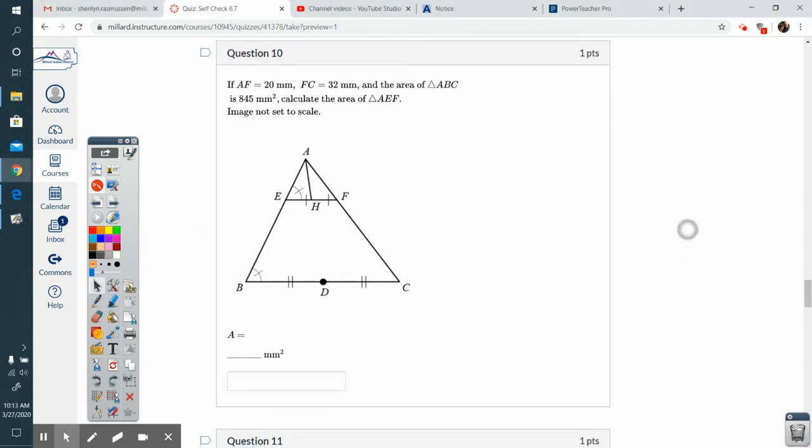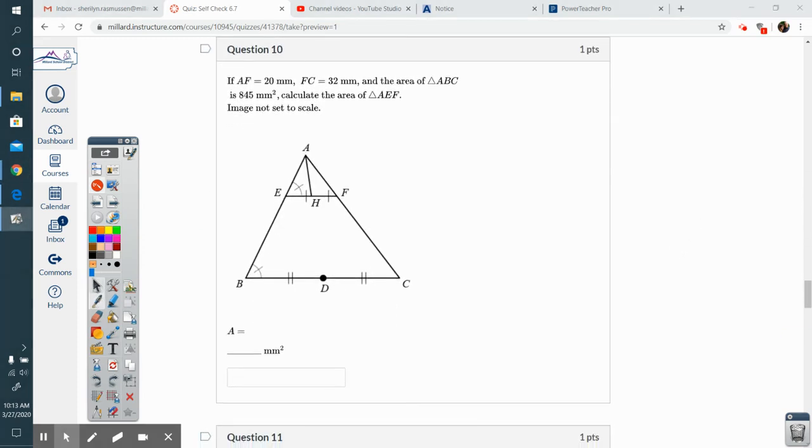Okay. Question 10. If AF right here is 20, FC 32, and the area of ABC, so the area of the big triangle, is 845. So the area, we'll just write here, is 845. Then calculate the area of the small triangle.